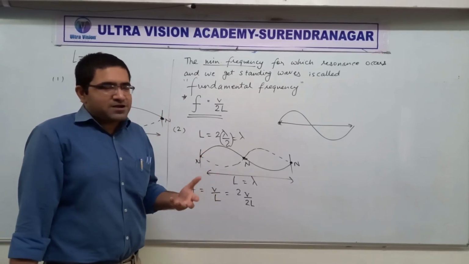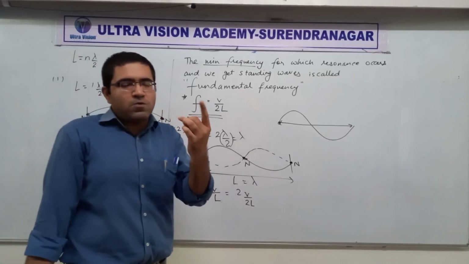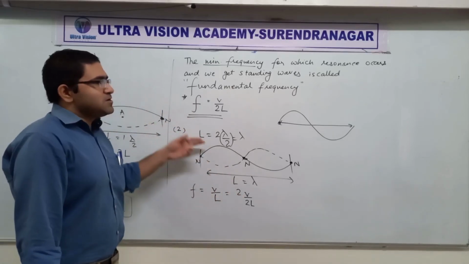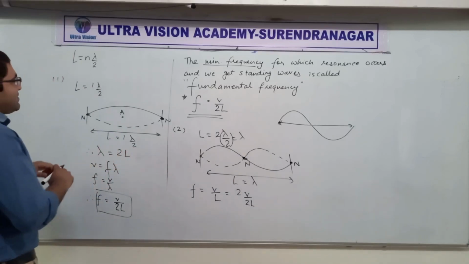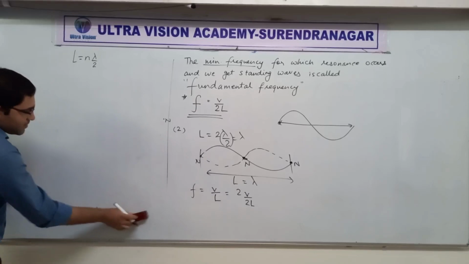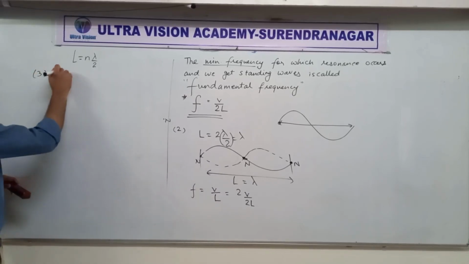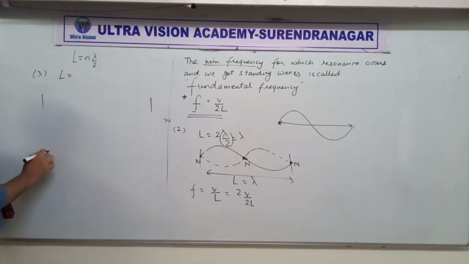Now, can you draw a diagram first of all for case number 3 on your own? I'm giving you 1 minute. Draw a diagram for case number 3 like this on your own. Hurry up. And then you tell me what should be F for case number 3.